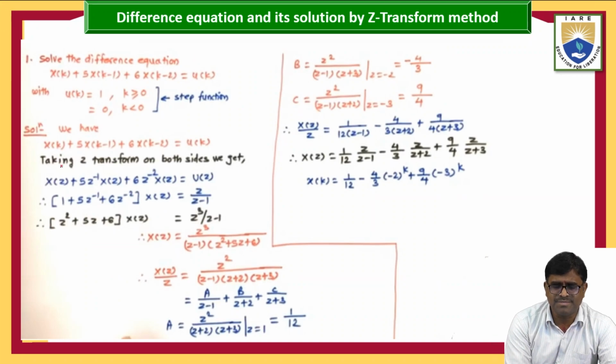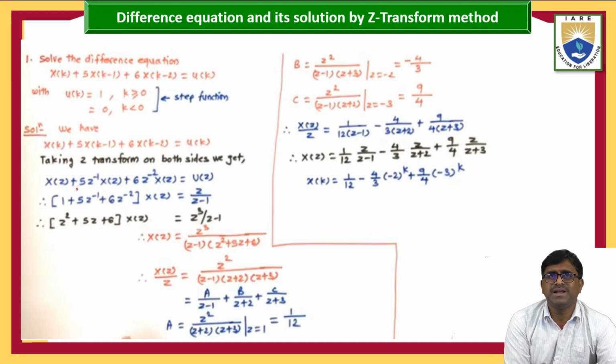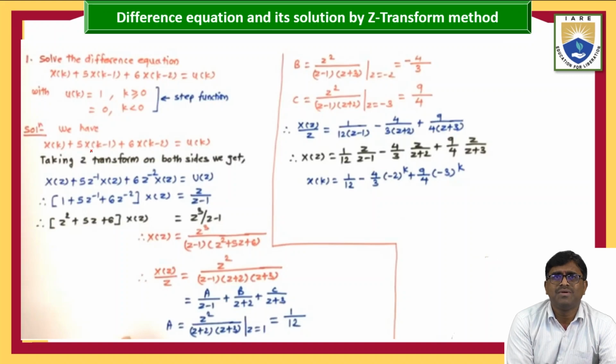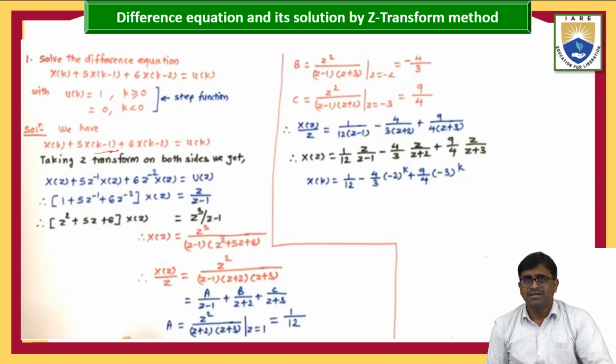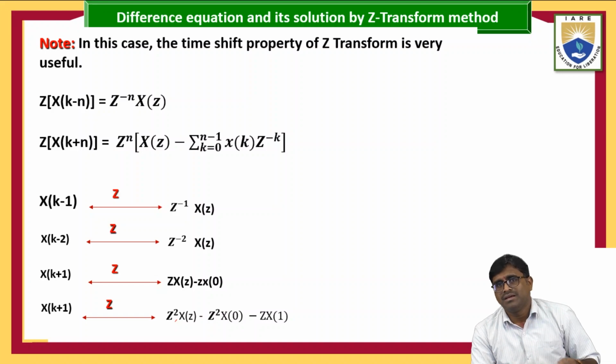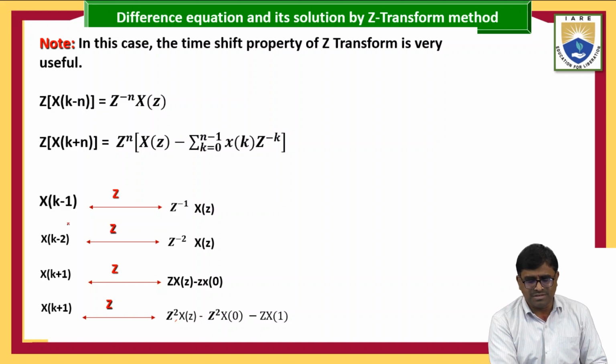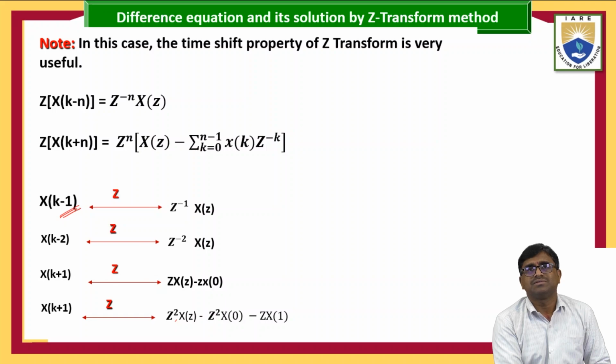So x of k is coming to x of z, plus 5 into x of k minus 1, that is nothing but a unit delay, so z power of minus 1 into x of z.